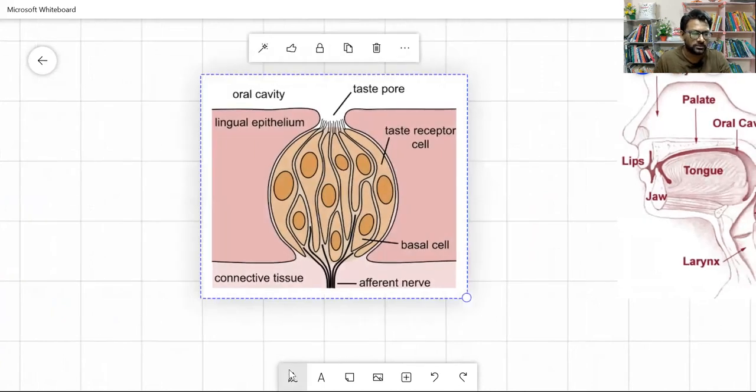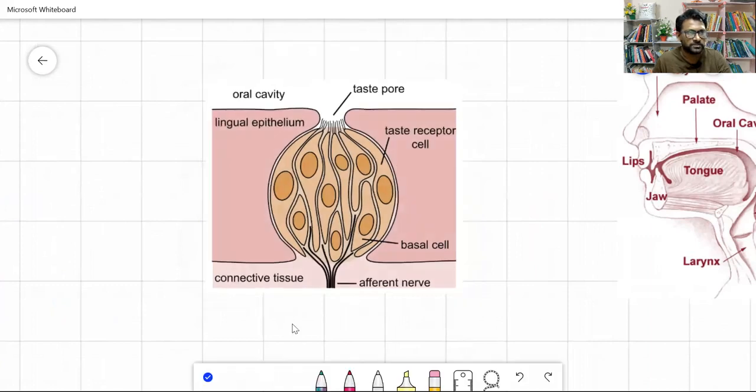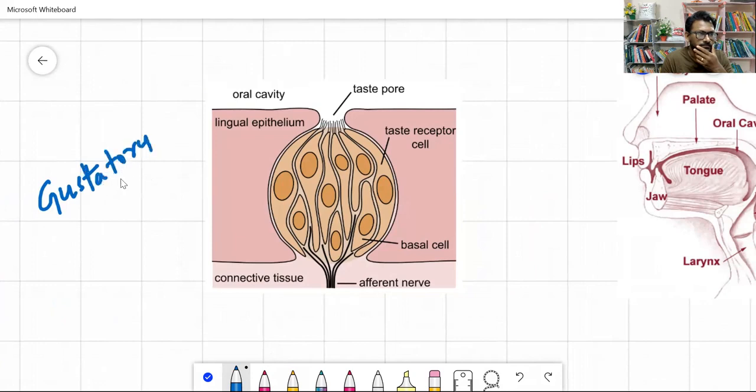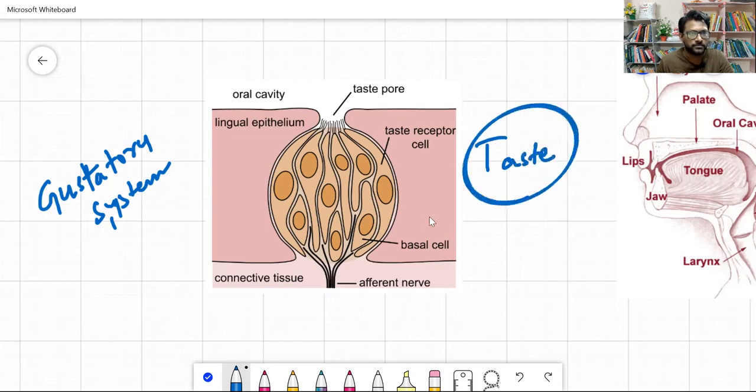Especially when we talk about the gustatory system, which creates the human sense of taste, allowing us to perceive different flavors from substances that we consume as food or as a drink. So this gustatory system plays that role.